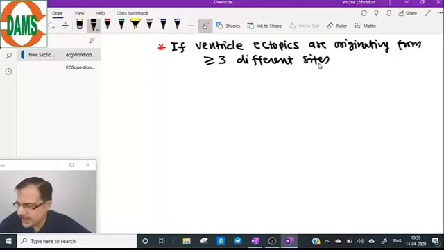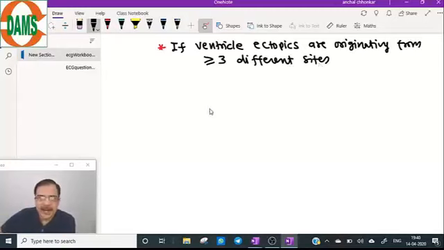Three different sites. If this is the condition, ventricle ectopics are originating from 3 different sites, so there will be at least 3 different morphologies of the QRS.